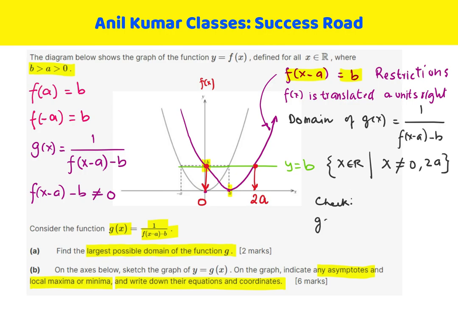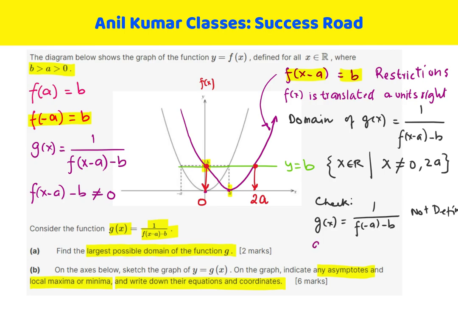So you can check that g of x, if I replace x with 0, then what happens? f of minus a minus b, right? So this is not defined, because f of minus a is b. So we get b minus b in the denominator, right?